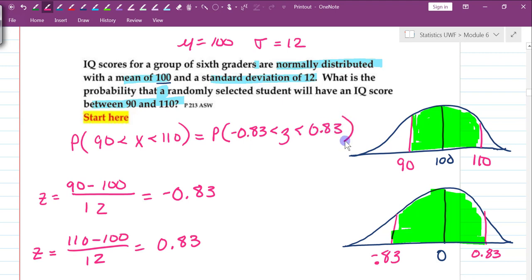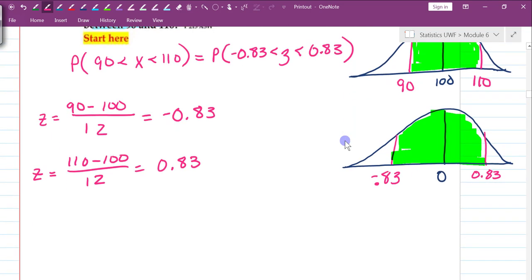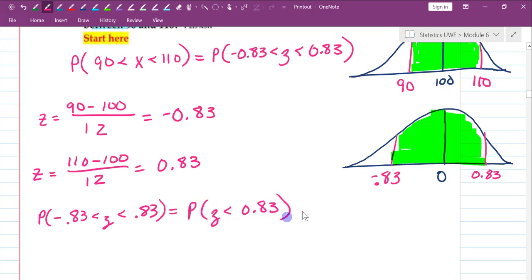So when we look at this right here, I'm going to bring this down. I'm going to say this is the probability that negative 0.83 is less than z, which is less than 0.83. That is equal to the probability that z is less than 0.83 minus the probability that z is less than negative 0.83.